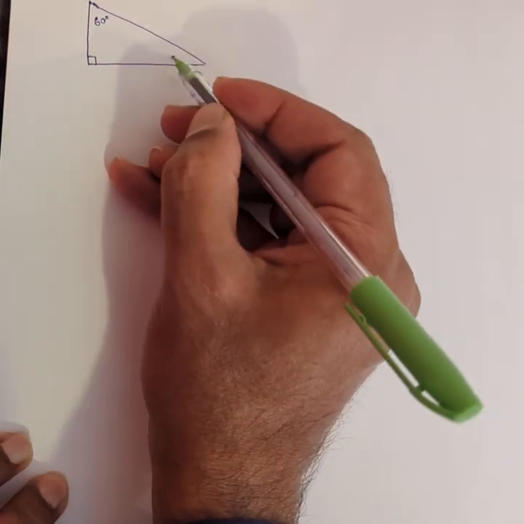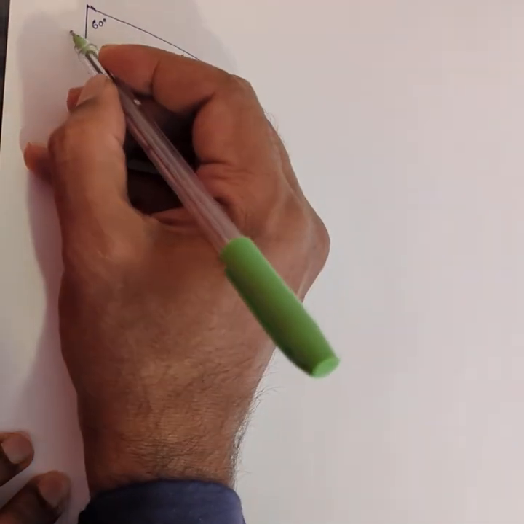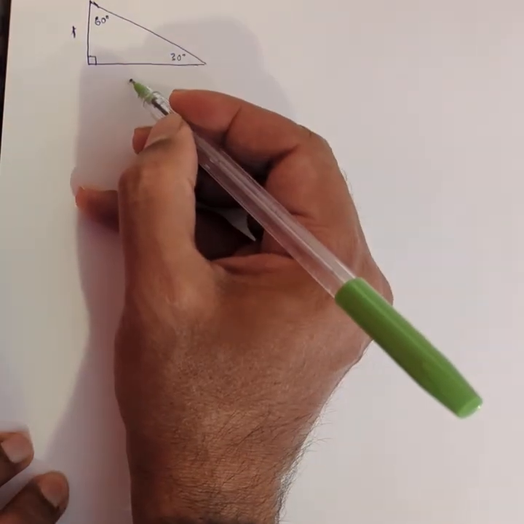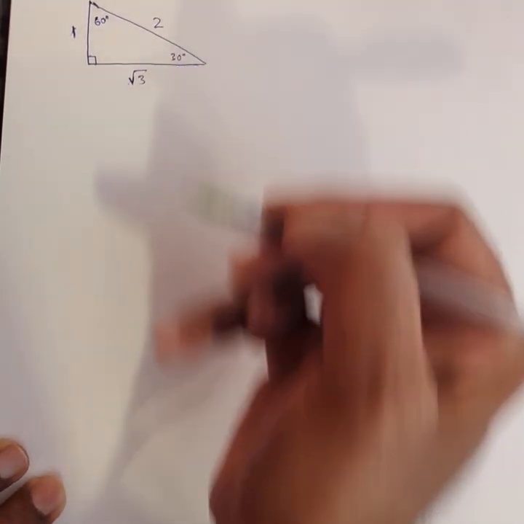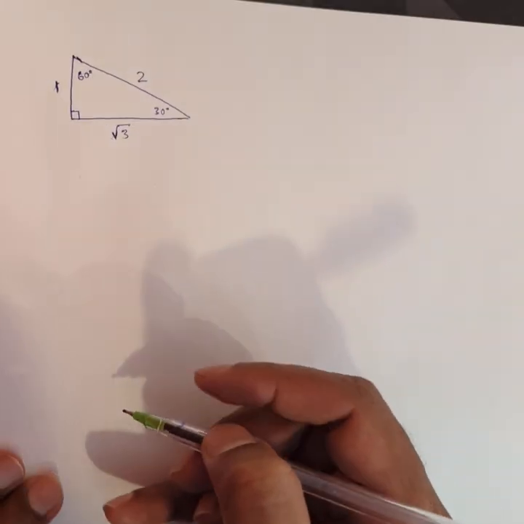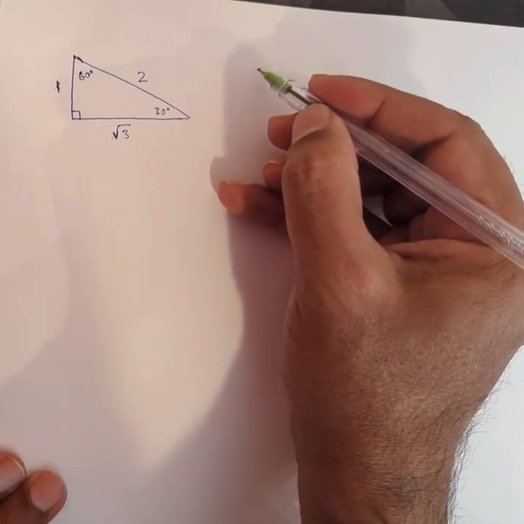60 degrees, 30 degrees. The side opposite to 30 degrees is 1, the short leg. The long leg is root 3, and the hypotenuse is 2. So let's write this down.